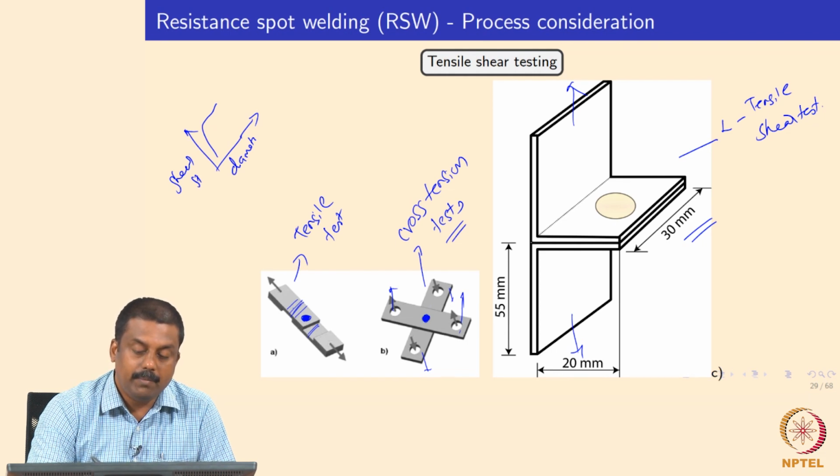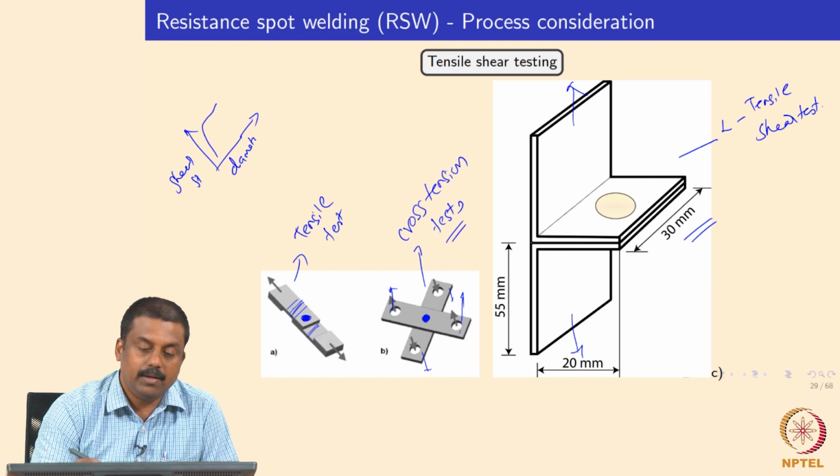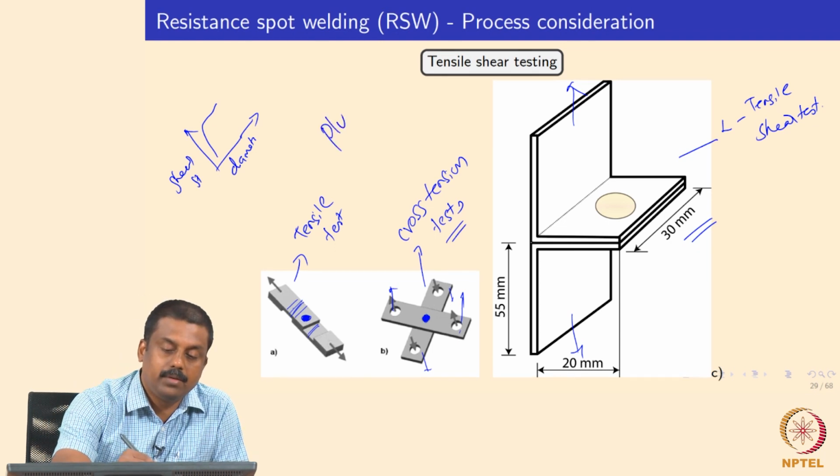Again, material can also deform in this case, not only in the weld but also in the surrounding regions, but then we identify, apart from the strength, the nugget diameter after the failure. That is what is known as the plug ratio.